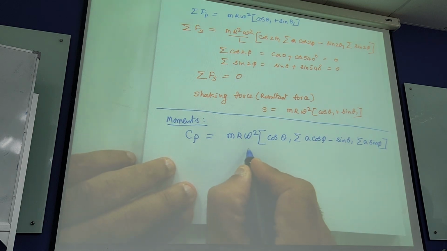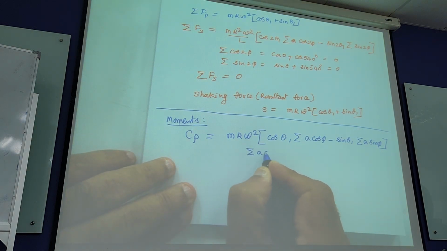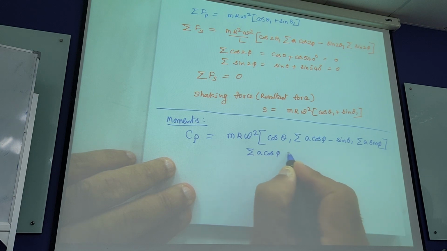So now calculate the sum of A cosine phi and the sum of A sin phi.